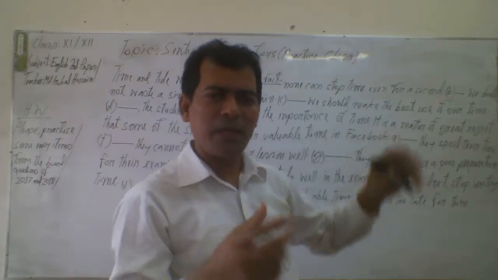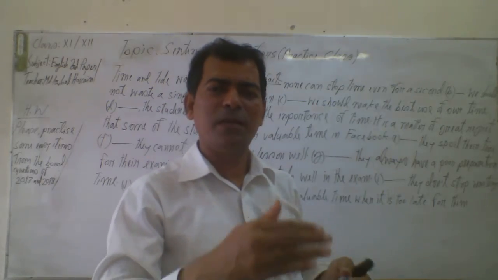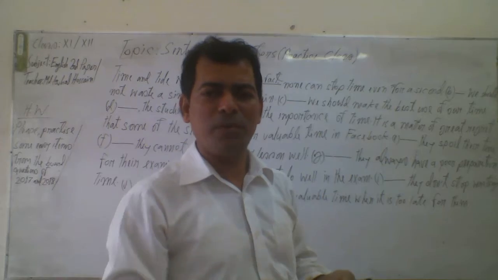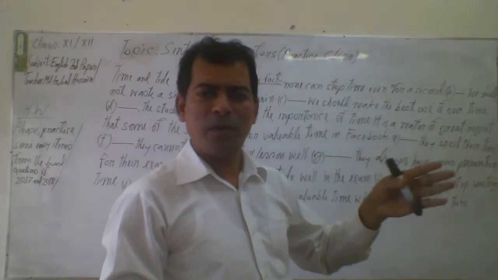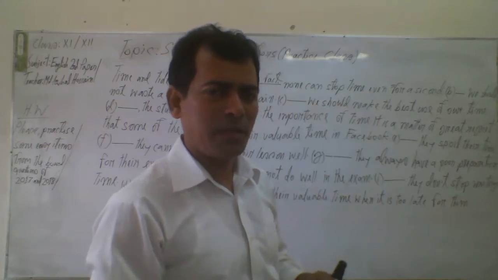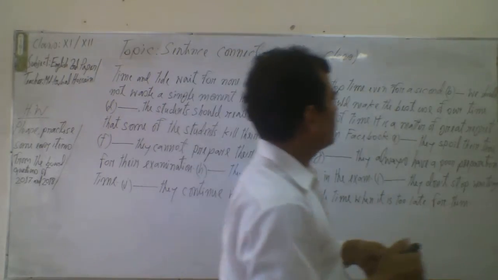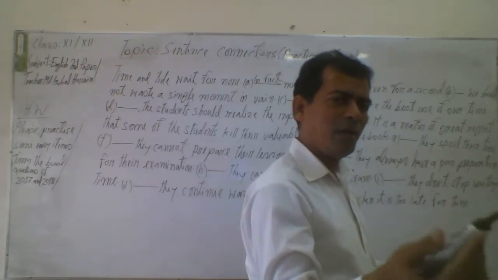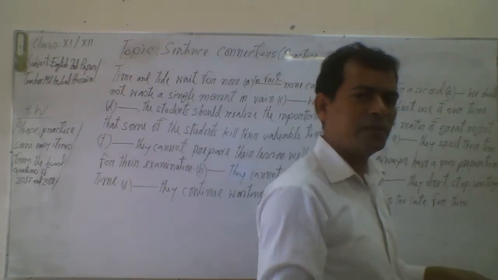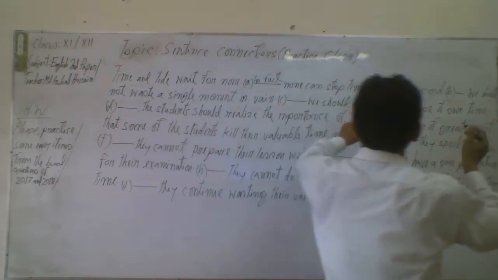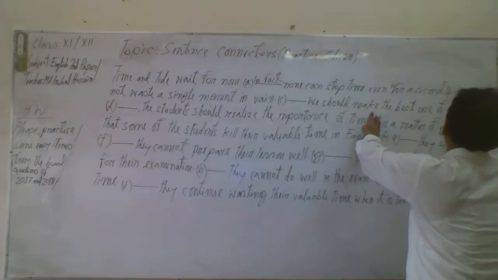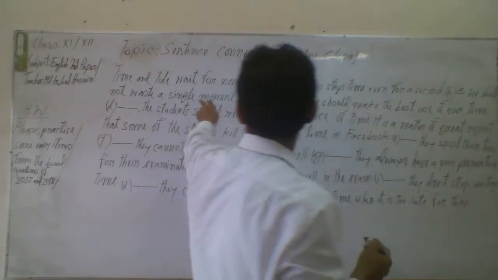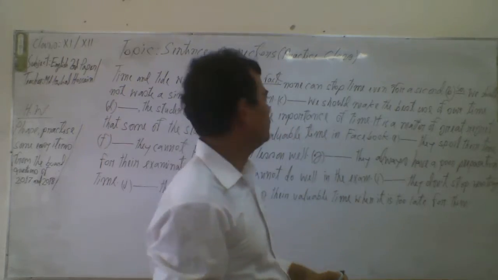So automatically our brain supplies one of the connectors of that group. Now, I told you about some groups of connectors in my earlier classes. So I can use here any of the 10 or 12 connectors of that group. You can write here, so we should not waste a single moment in vain.